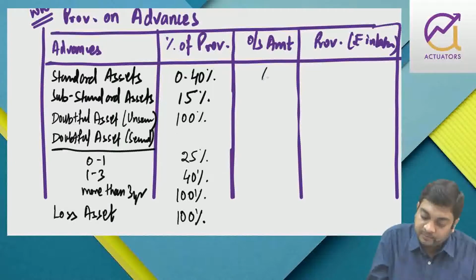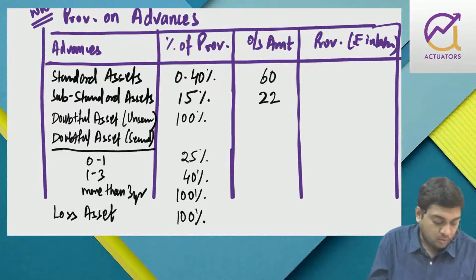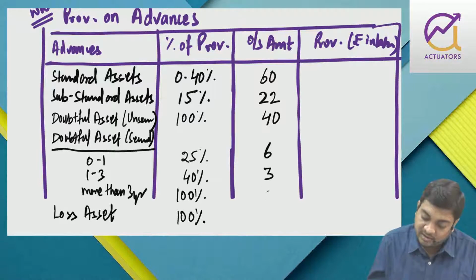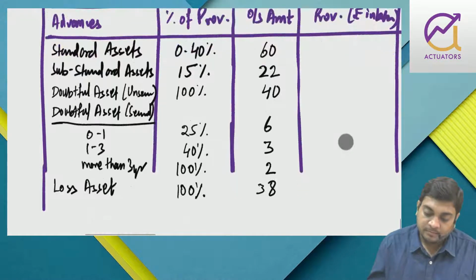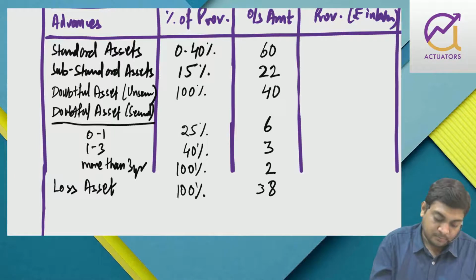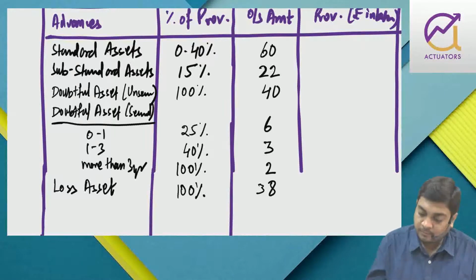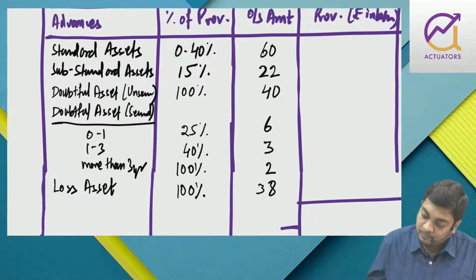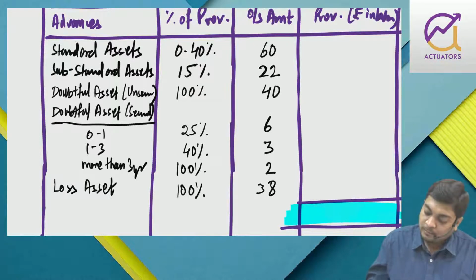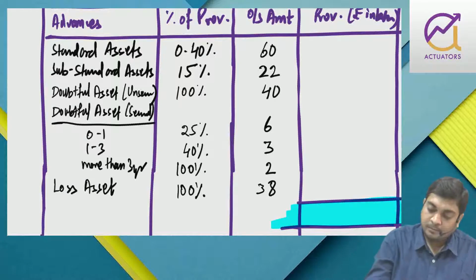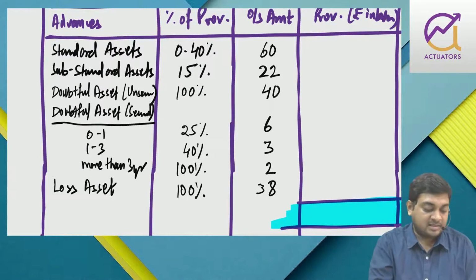Amount 60, 22, 40, 6, 3, 2, 38. Just multiply and get the answer fast.